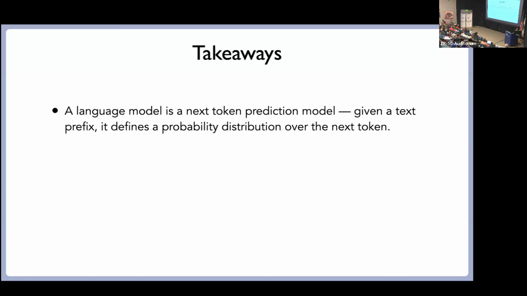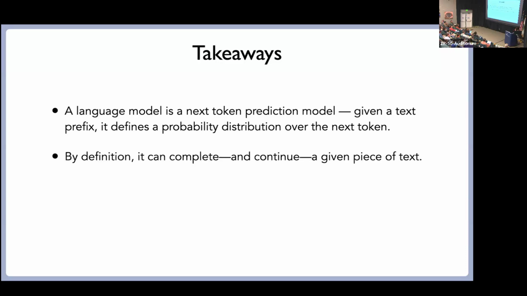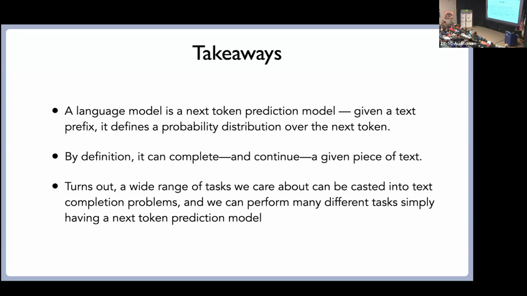So in summary, the original definition of a language model is really just a next token prediction model. Given a text prefix, it's able to predict the next word. And if you do it iteratively, then it can basically complete and continue any given piece of text. What that means is that many different downstream tasks we care about that involve natural language can in fact be cast into a text completion problem.